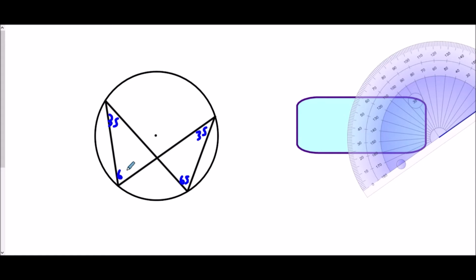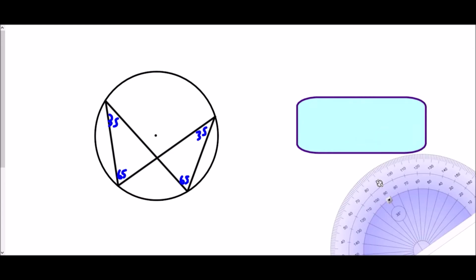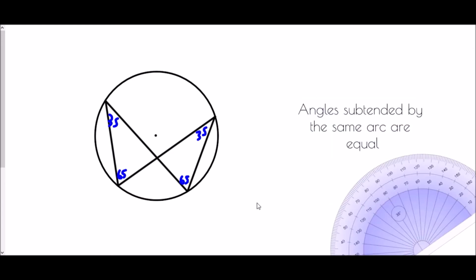Now, what is that telling us this time? Well, straight away we can obviously see that we have pairs of equal angles. And the reason for that, the rule that we have in this situation, is that angles subtended by the same arc are equal. Now what that means is, the word subtended just means to have straight lines at the ends.